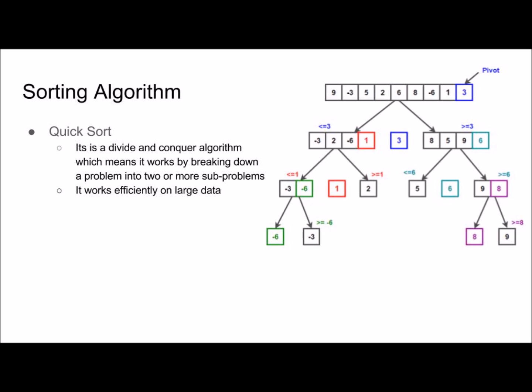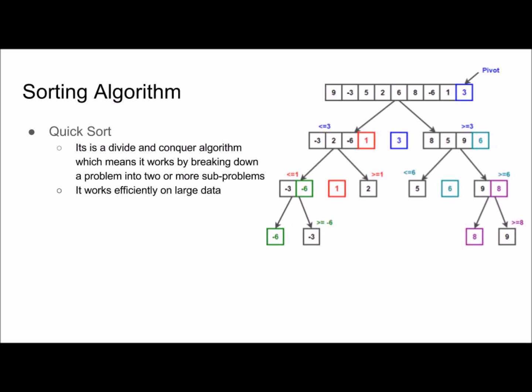As we can see on the right side, the process is that it creates a pivot, which is like the median of all the data. All the elements that are smaller than the pivot are moved before it, and the larger elements are moved after it.